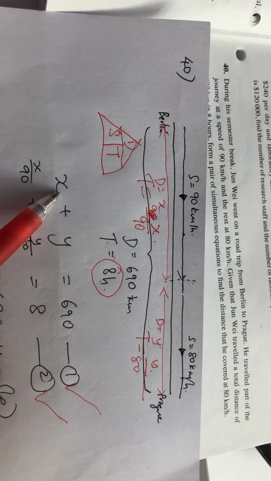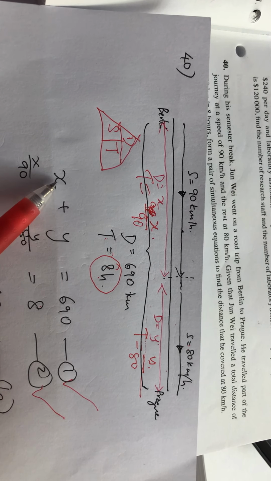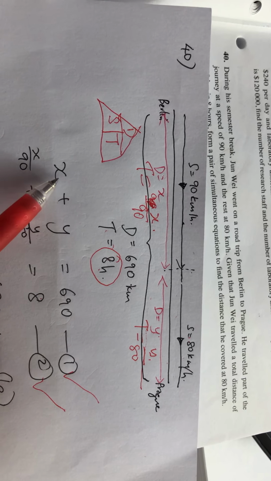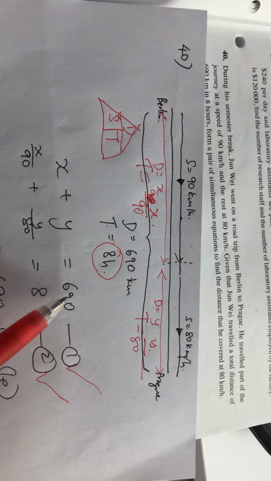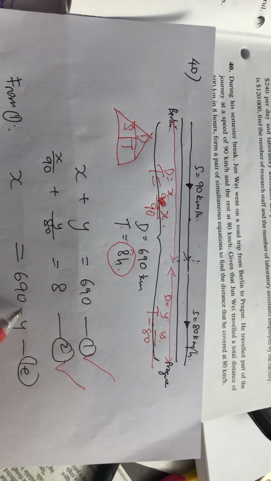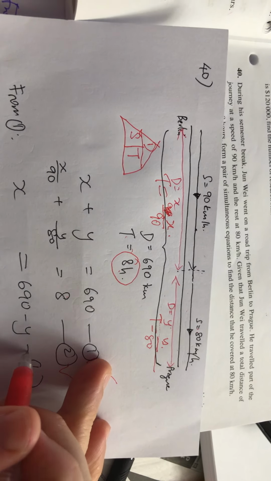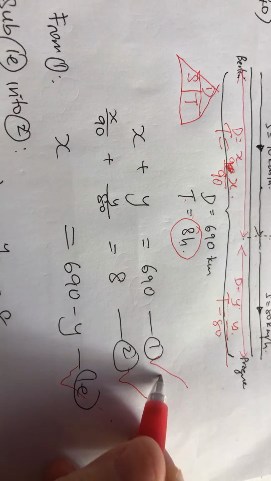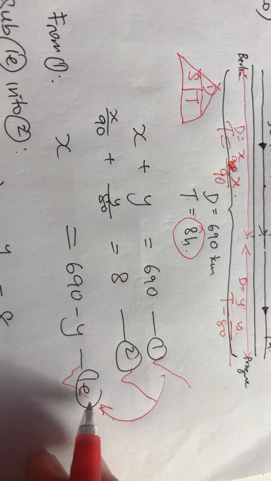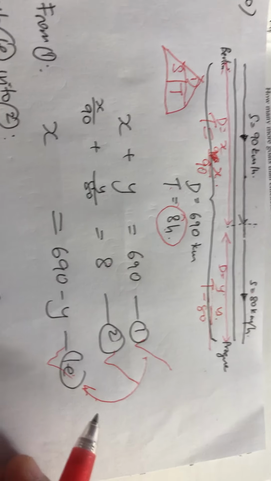Same thing, I like to use substitution. So I make x the subject, meaning I minus y here. So my x will be 690 minus y. That is my equation 1e. I call it 1e because this equation came from equation 1, so it's the equivalent form of equation 1.